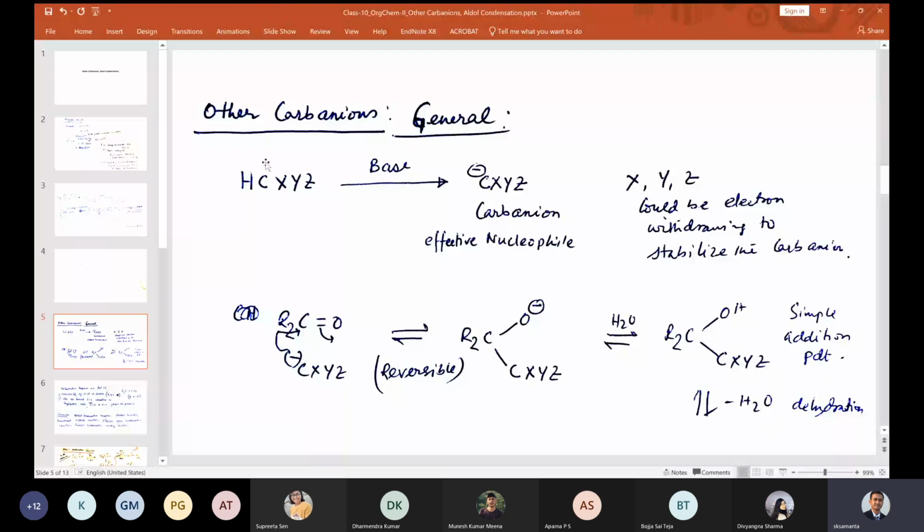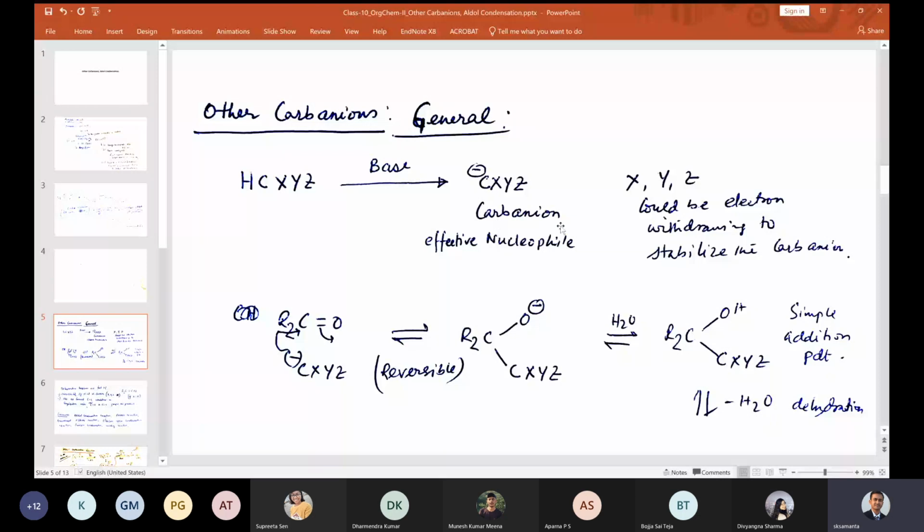For that negative charge to happen, you need an acidic proton. So we have a proton, and three different groups X, Y, Z. Now you add base. If this proton is sufficiently acidic, it will be picked up by this base to give this anion C minus XYZ, which is called the carbanion.